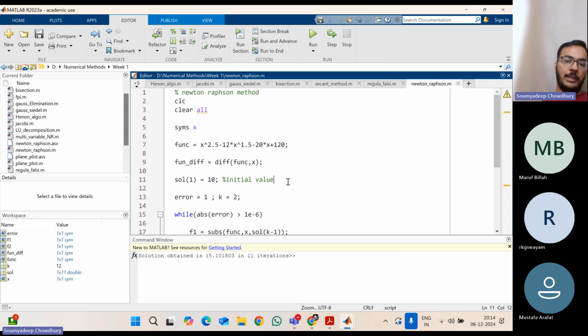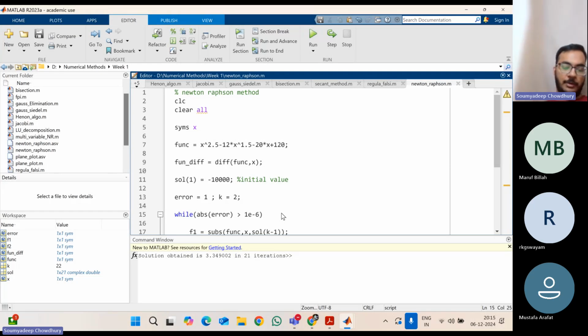So this initial value, some other case I'll check. If you take the initial value as negative, sometimes for some functions it will not converge. Here it is converging. But for some functions, this initial value will determine your convergence also.